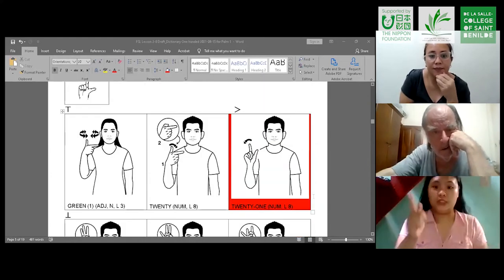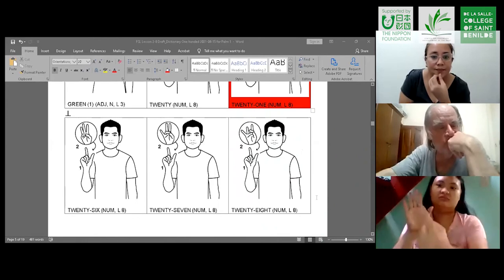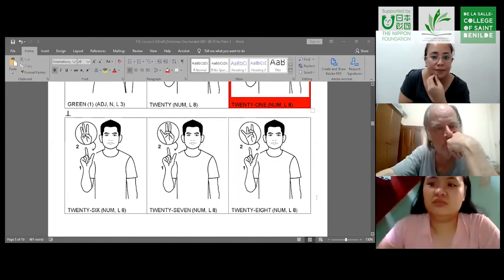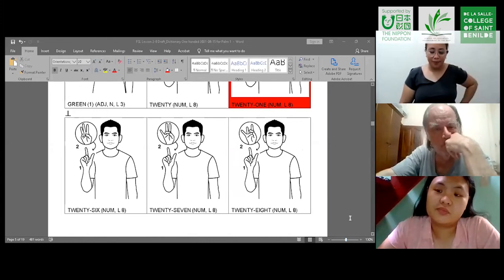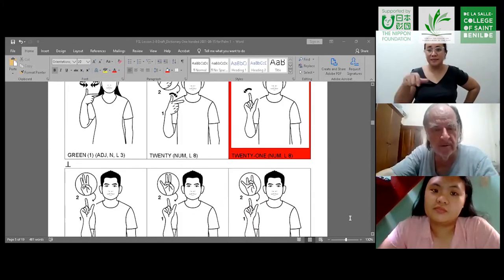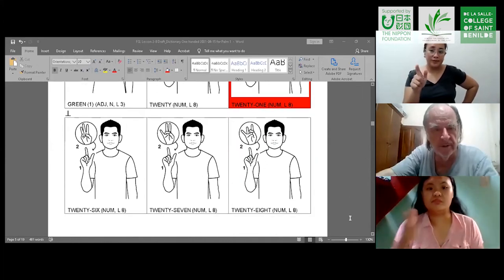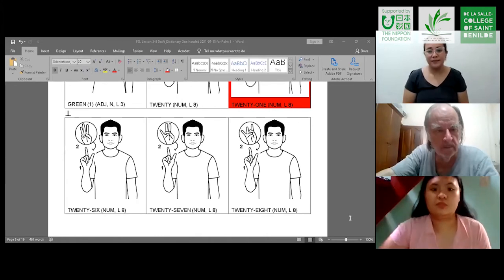Okay, so it's orientation to the left, and then 26, 27, 28. All right, so that should be 20 though, right? And 21, the number should be changed. 20, 21, 22.